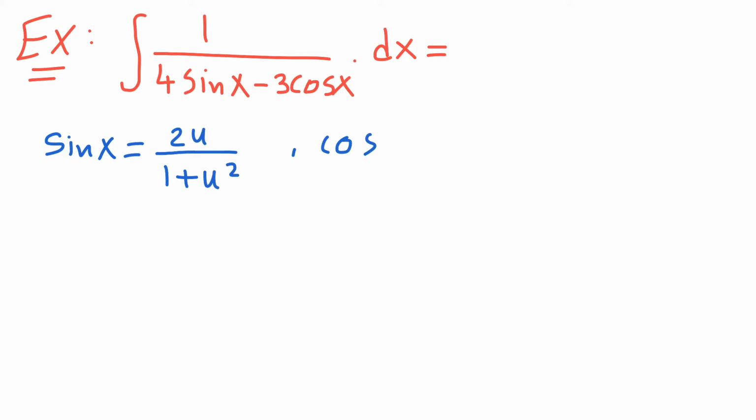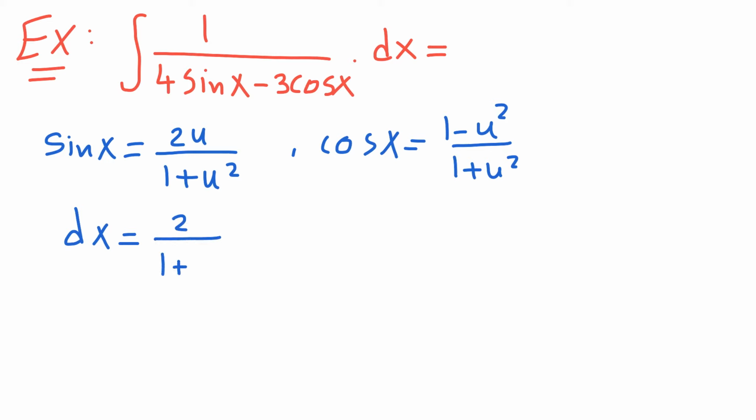Also cosine x must equal 1 minus u squared over 1 plus u squared, and dx must equal 2 over 1 plus u squared du.